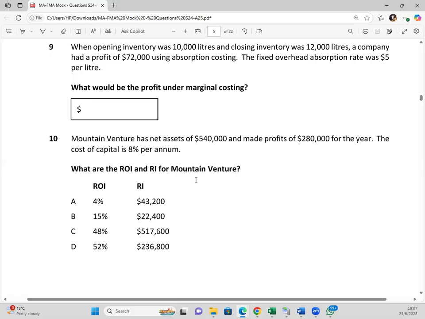So return on investment is equivalent to return on capital employed. You're looking at the profit we get from what we invested, so the controllable profit over the capital employed.